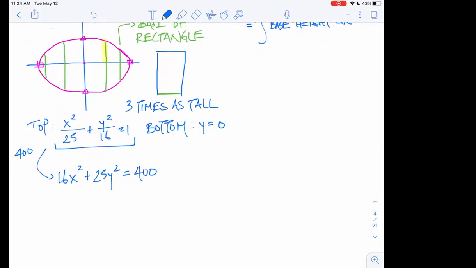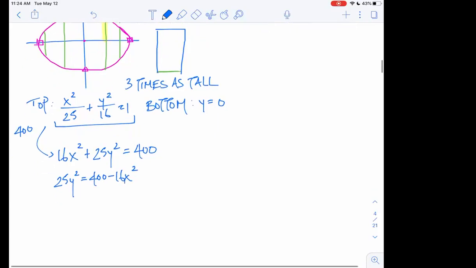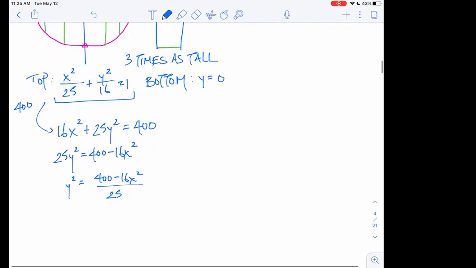Now I'm going to subtract the 16x squared. Now I'm going to divide by 25. And now I'm going to take the square root.